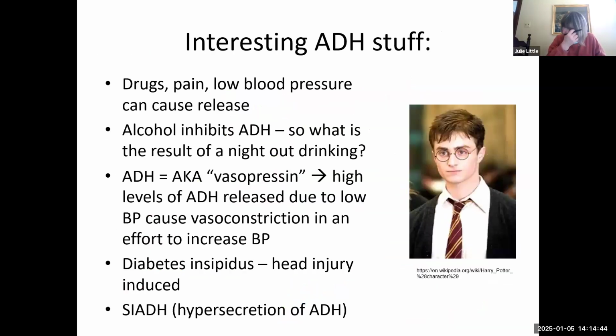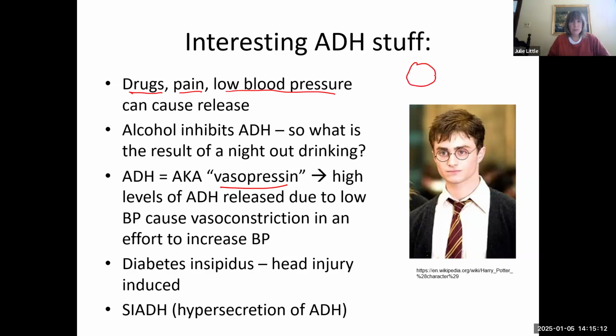Sometimes we release a lot of antidiuretic hormone. Here's where we produce a lot. If you have low blood pressure, let's say you're hemorrhaging, you'll make a lot of antidiuretic hormone. And in that case, when you release massive amounts of it, it's called vasopressin, because it can also cause the blood vessels to constrict.